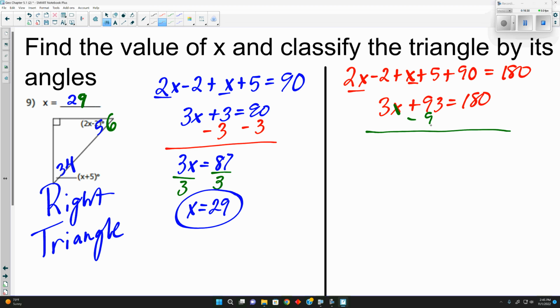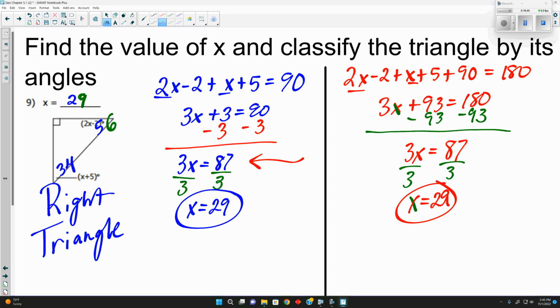Now at this point here, I could subtract 93 from both sides, which will give me 3x by itself is equal to the same exact spot, divide by 3, and x is 29. We'll get the same thing. One's a little bit faster than the other.